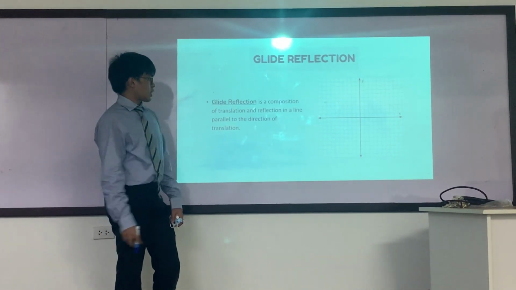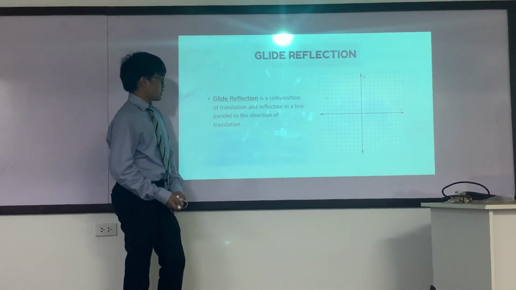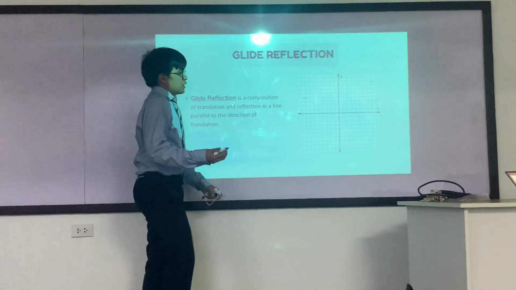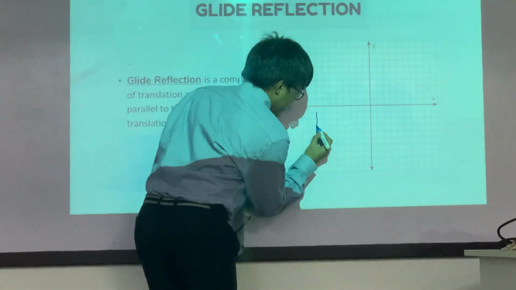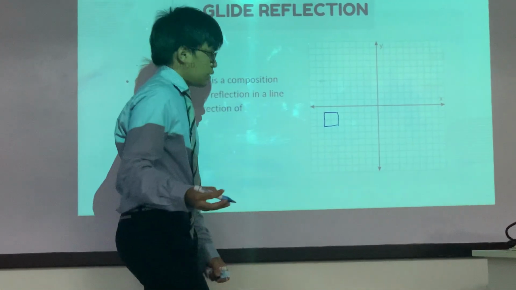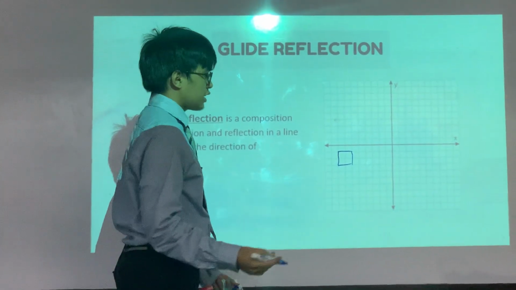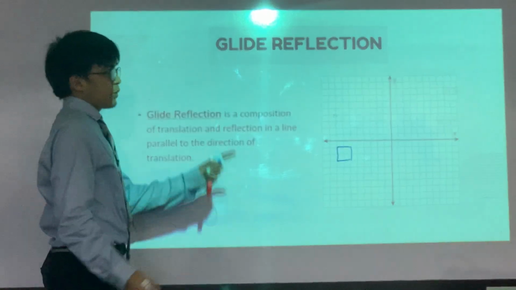Line reflection composition: a translation followed by a reflection in a line parallel to the direction of the translation. Let's say we have this square shape. We're going to use both translation and reflection to perform line reflection.